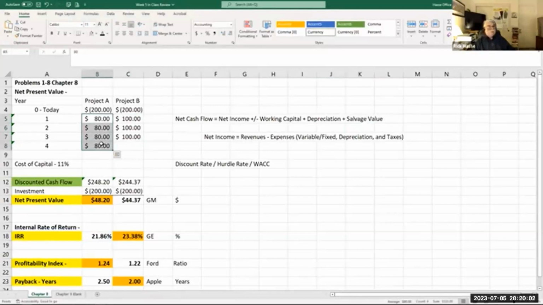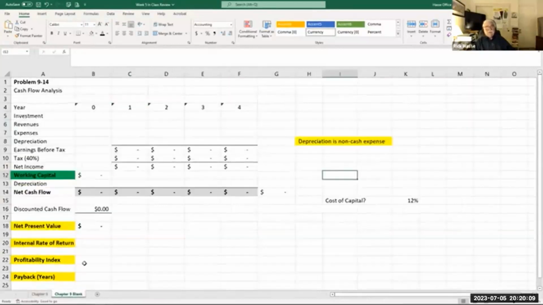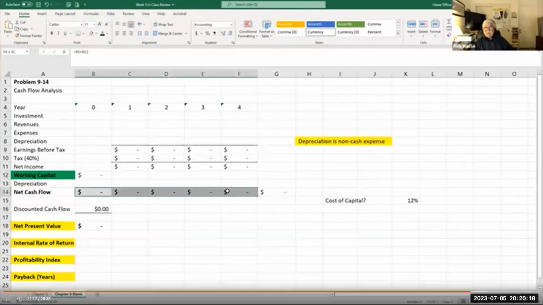If any of you are looking for some things to do over the next 48 hours or so over the Thanksgiving break, you can go ahead and look at this problem in chapter 9, 9-14, where it gives you the parameters to determine net cash flow. And you can determine that on your own.